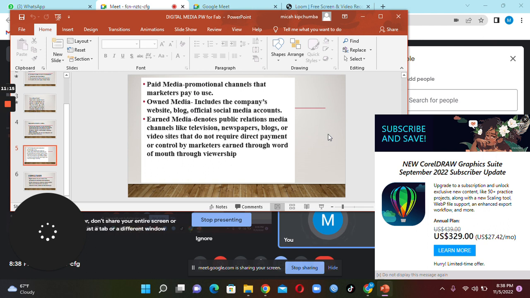People may want to read the newspaper digitally, and the newspaper is required by thousands or millions of people per day, and they want to get it online. While somebody is reading the newspaper, because we have all accessed the same platform at the same time, we get to watch other content related or posted by the same media house. That is how we get earned media.